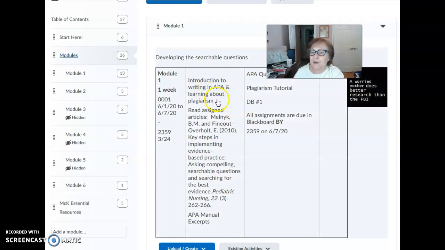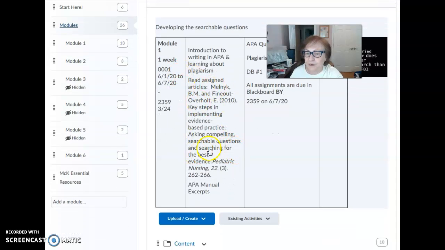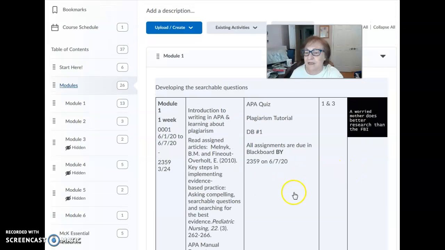This is about being introduced to APA and learning about plagiarism. You have 2 articles to read, which I'll show you in a minute, and then you have some APA manual excerpts. There's a short APA quiz. It's not that hard. You have a plagiarism tutorial, and this is self-guided. You go through it, and at the end, you print your certificate and you upload it.